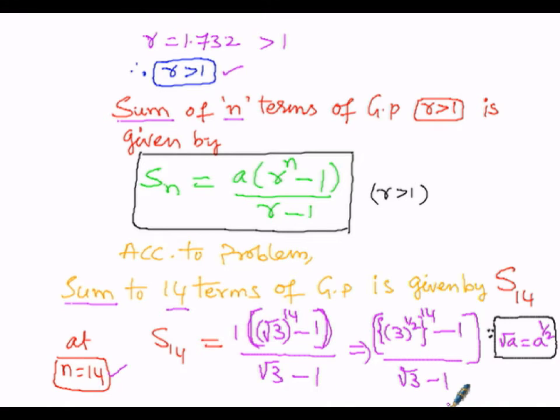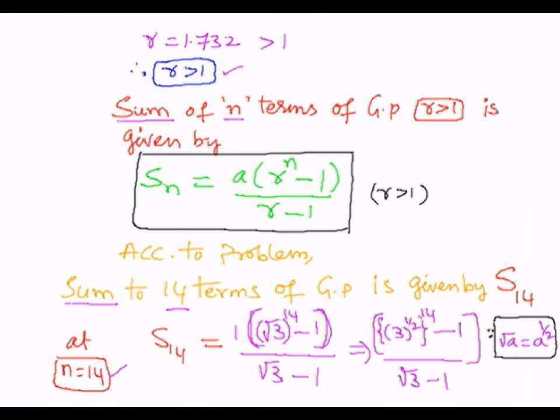Then the next logical step: it is in the form of A power m whole power n, which can be written as A power m into n, as per that identity. So S14 is equal to, within the square bracket, 3 to the power of half into 14, minus 1, overall divided by root 3 minus 1.